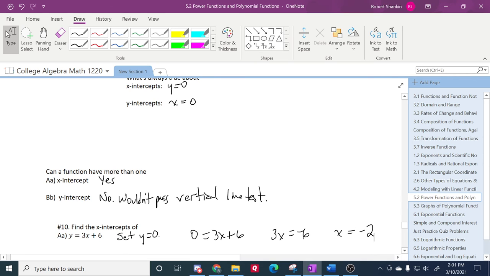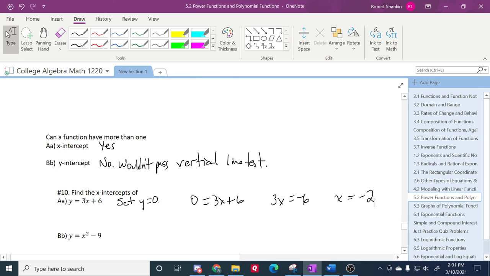Now, I don't prefer that you stop there and say you're done. When I ask for an x-intercept or a y-intercept, I want you to give me the answer as a point in space. X is negative 2. The y is 0. Give me both coordinates.